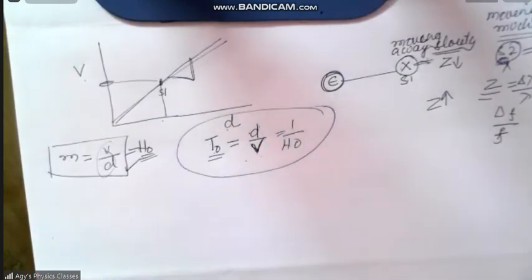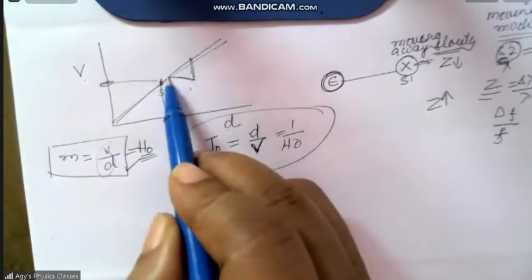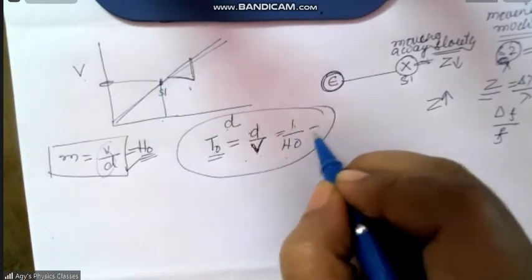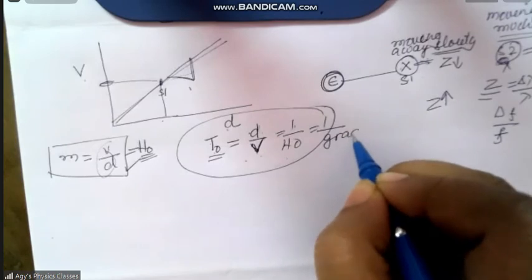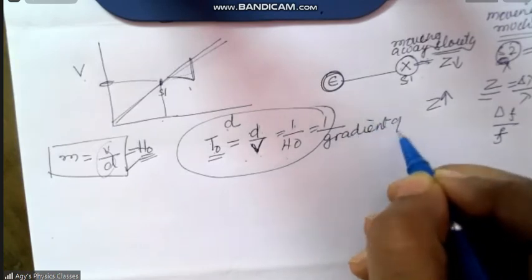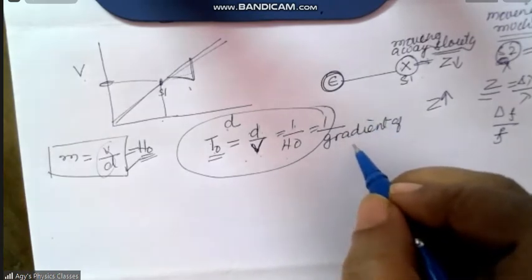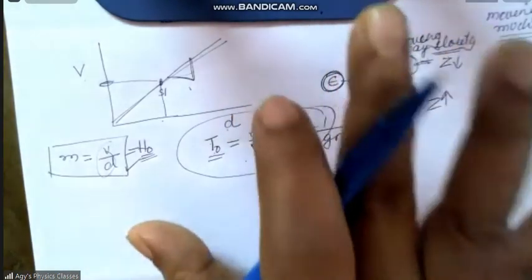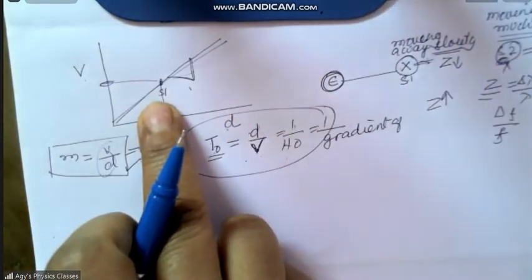This is the significance: the age of the universe is 1 by H0, that means 1 by the gradient of Hubble's graph. So this is the significance of Hubble's law.